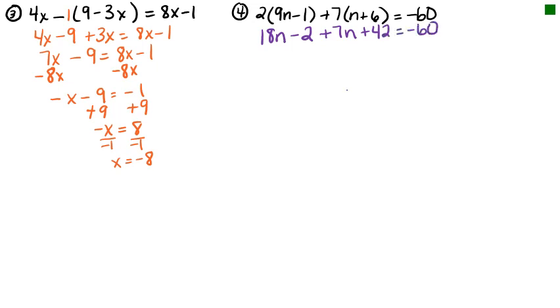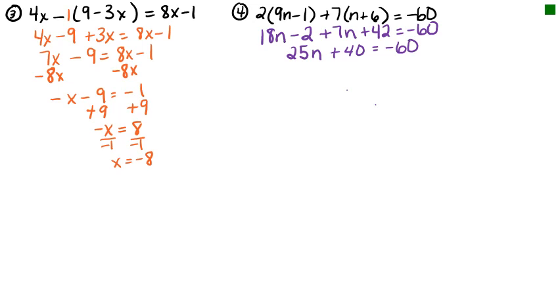All right, I don't have a two-step equation yet, so I'm still simplifying. I have like terms. 18n and 7n is 25n. Then I'm going to do minus 2 plus 42, which is a positive 40. Okay, and now I have a two-step equation.